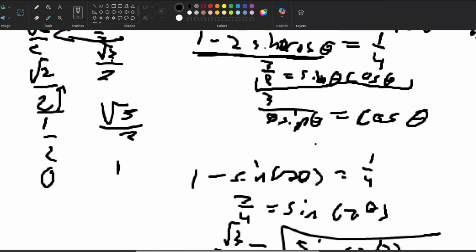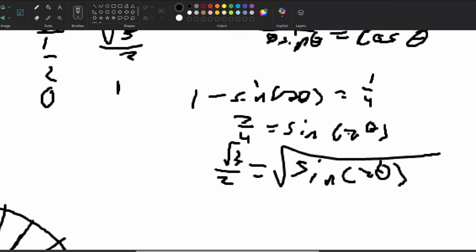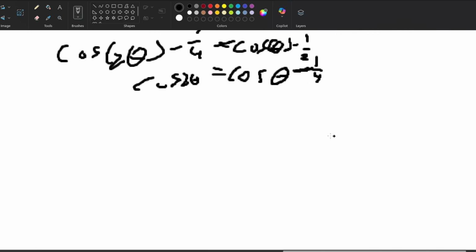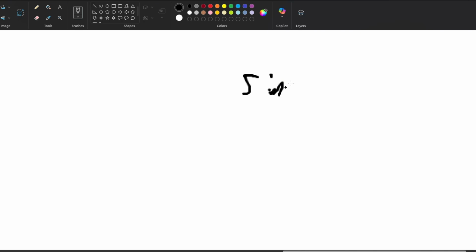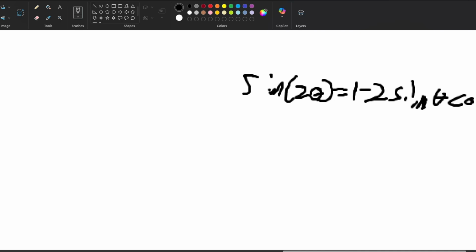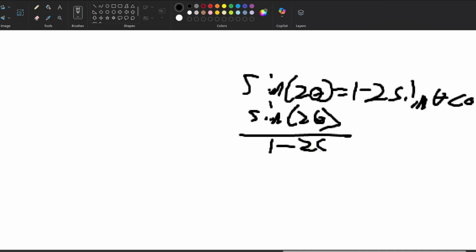Can I replace sine with cosine somehow? Maybe I take the double angle identity, sine of 2 theta is equal to 2 sine theta cosine theta, and I just rearrange it for cosine, so sine of 2 theta over 2 sine theta equals cosine of theta.